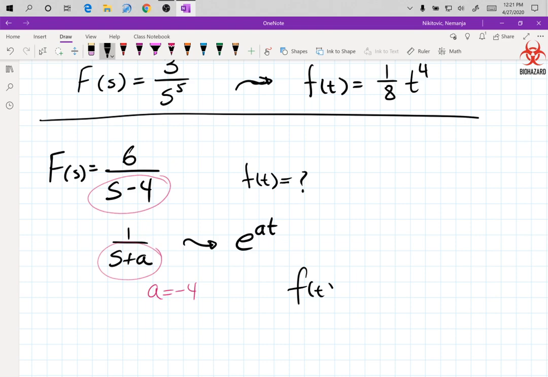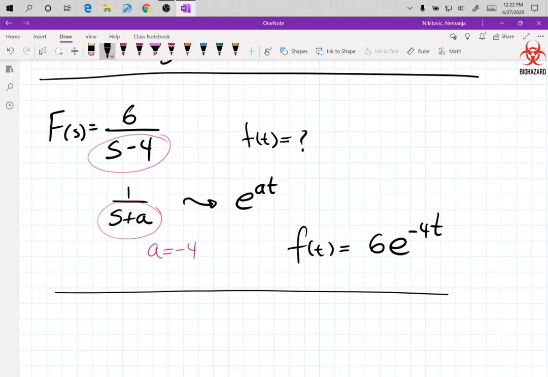So f of t must be 6e to the negative 4t. It's going to take some practice to get used to this mess, but you can do it. Let's take a look at another one.